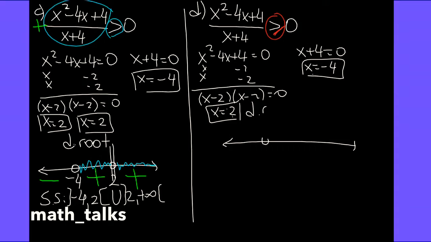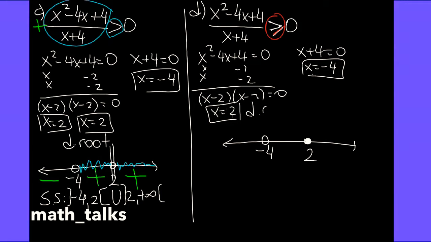So -4 will be open, and then 2 will be closed, or filled. Why? Because we have here bigger than or equal to. So 2 is satisfied, but -4 is not. -4 makes my denominator 0.